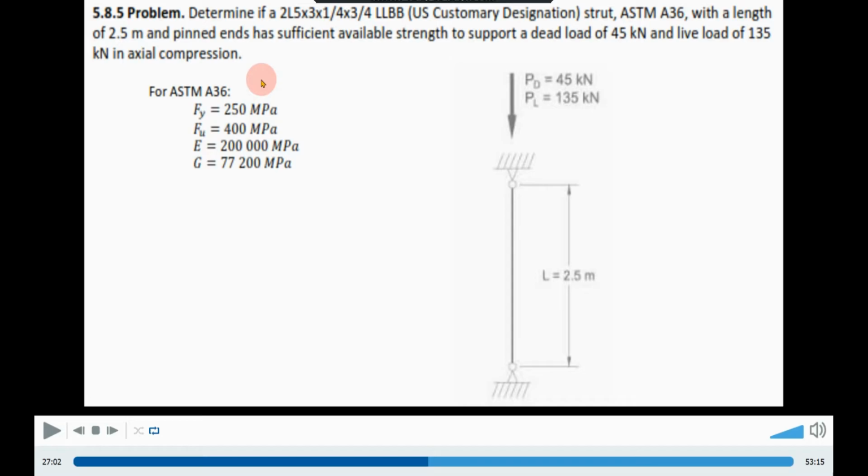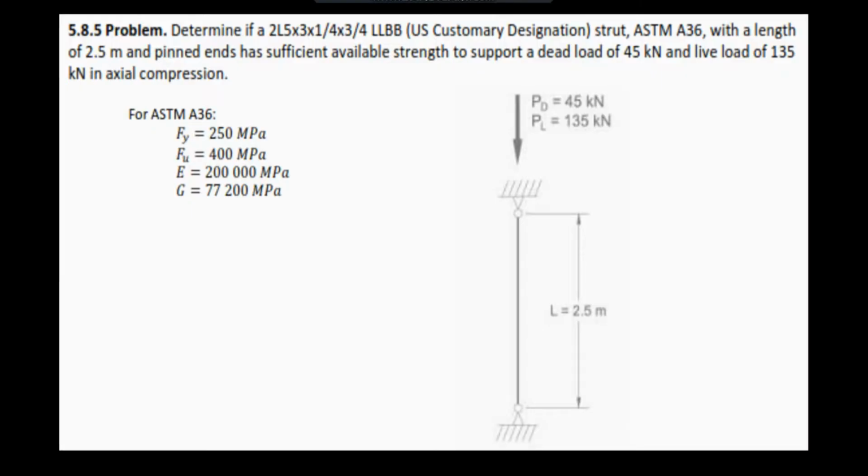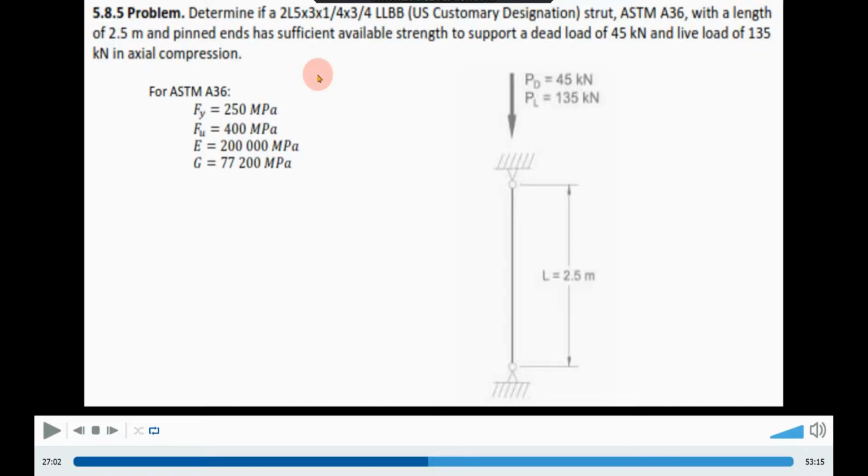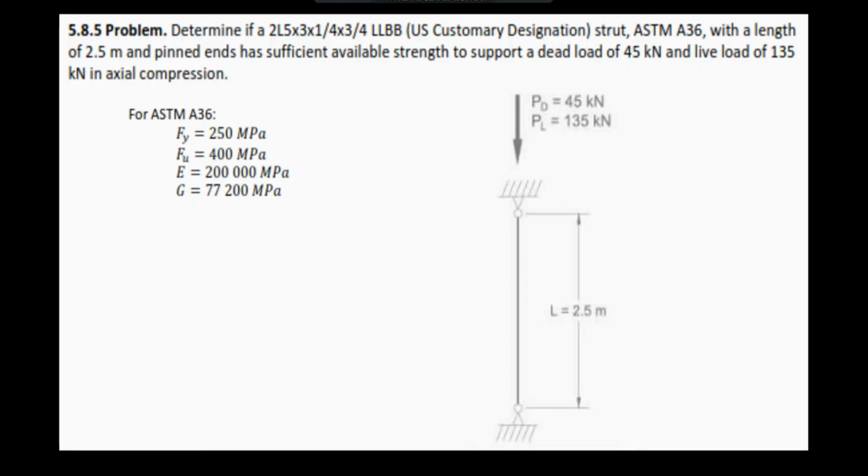For the next example, determine if a double leg 5 inches by 3 inches by 1/4, with 3/4 long legs back to back under US customary designation under ASTM A36, with a length of 2.5 meters and pinned ends, has sufficient available strength to support a dead load of 45 kilonewton and live load of 135 kilonewton in axial compression.